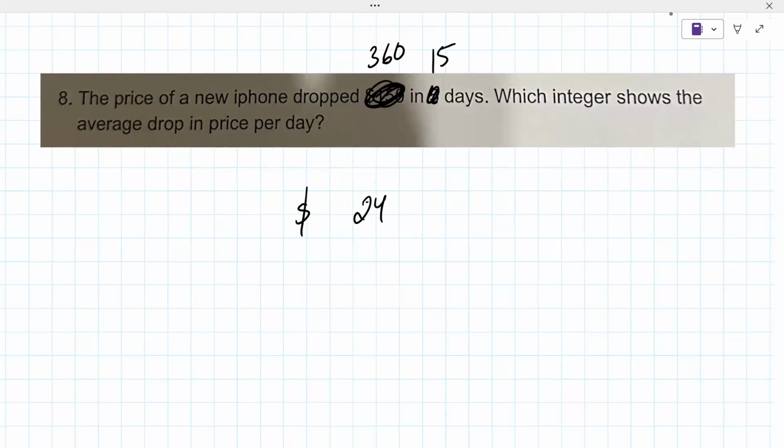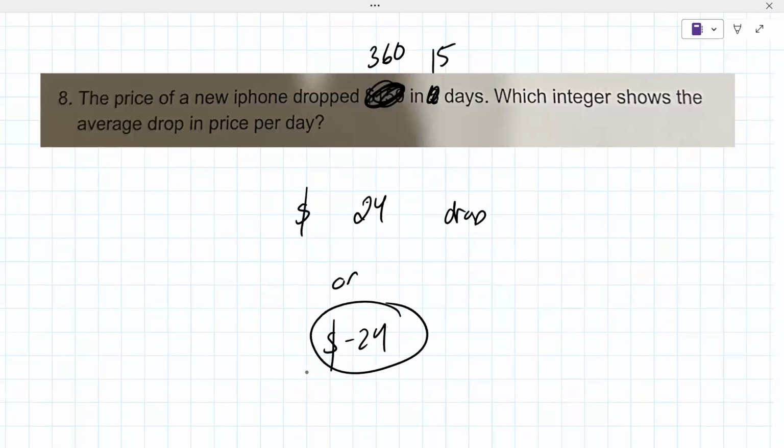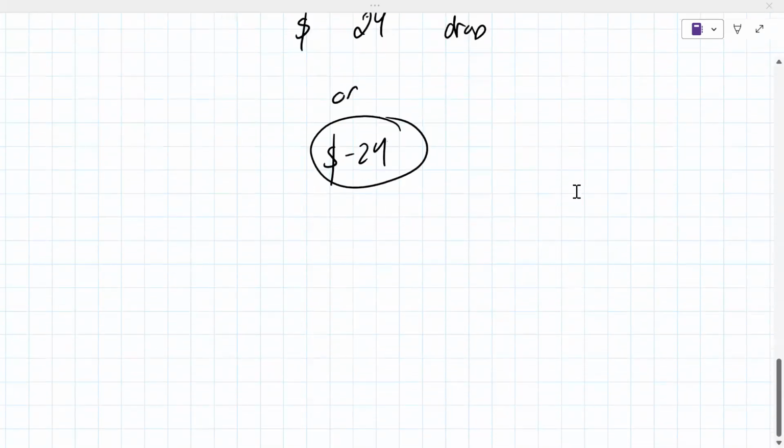You have to be careful here about whether it's a $24 drop, or like you said, it's minus 24. And they're both correct, but I think you're sort of favoring that in your thought stream as far as what they're looking for. Right. Any questions before we move on? No. Okay.